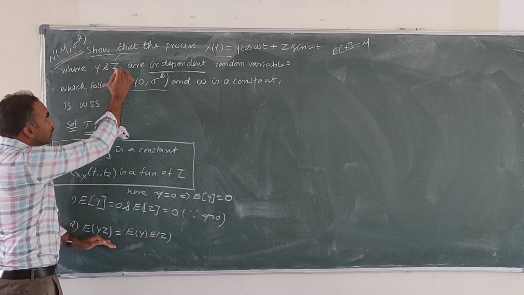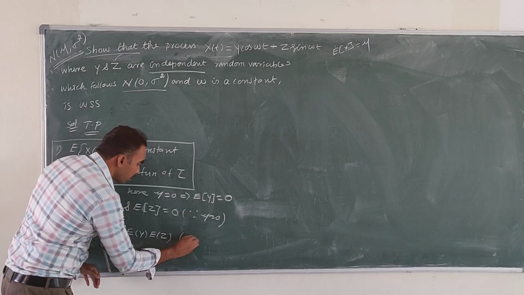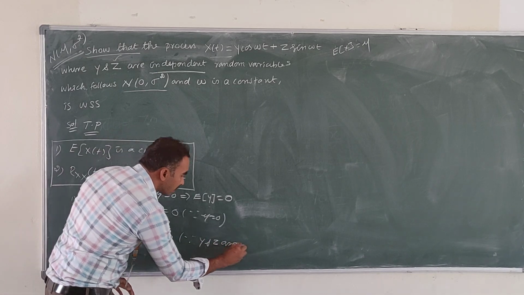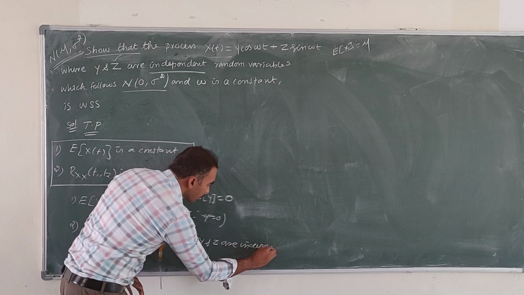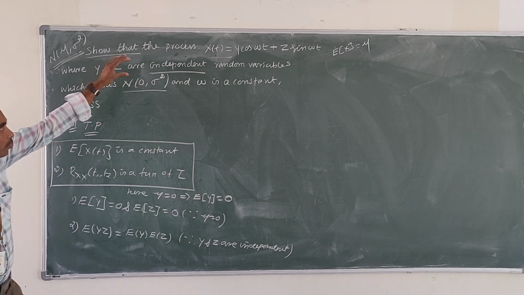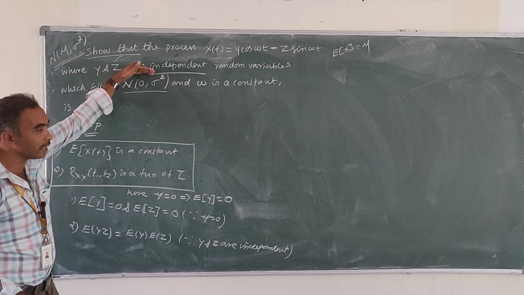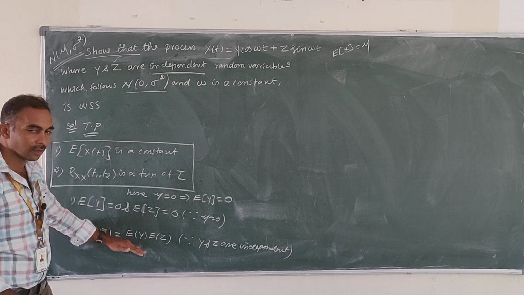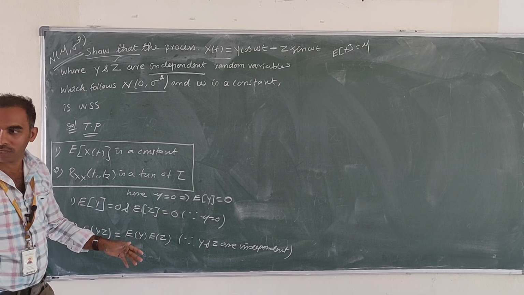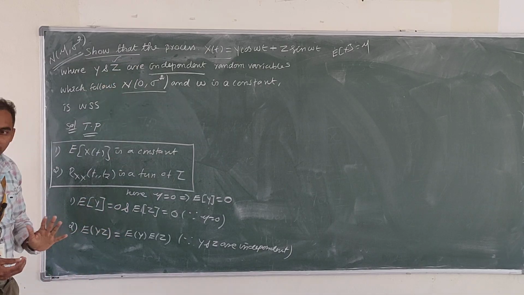Here they have given that Y and Z are independent random variables, so this is the formula. Each and every word in the problem is very important, since it has some meaning and from that we frame this. In the previous problem they directly gave these things, but in this problem they have given only the clue to frame them.